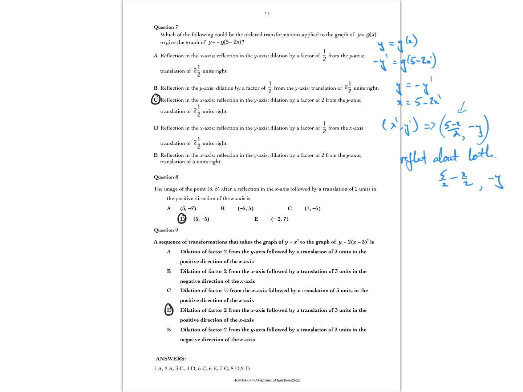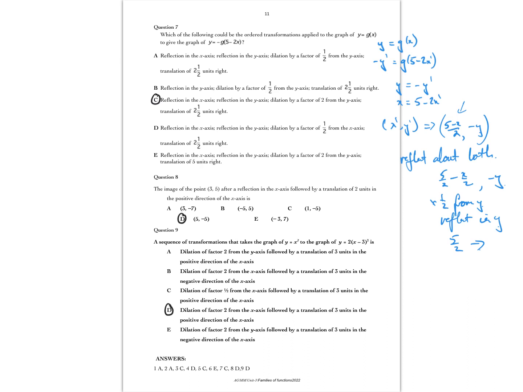Okay? So I need to reflect about both axes, and I want to dilate by a half. I've got a half from y, reflect in y, and 5 on 2 units in a positive direction.